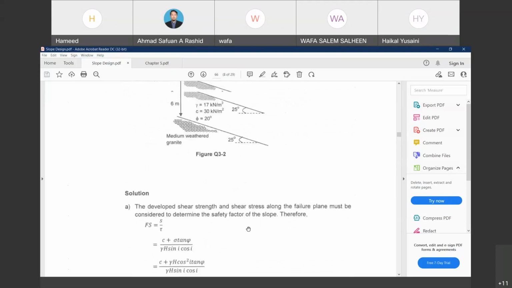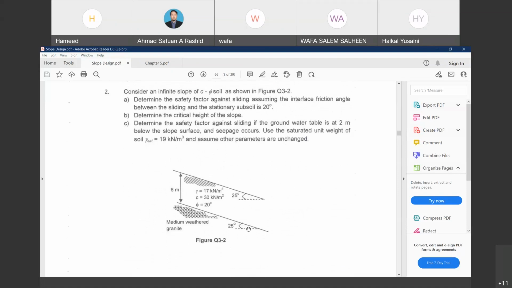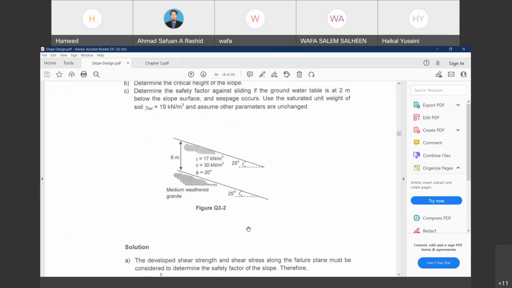Then S over tau is equal to 1.5. Next, determine the critical height of the slope. We may use the equation that we have discussed before, the equation from S equal to tau, to get the critical height of the slope.